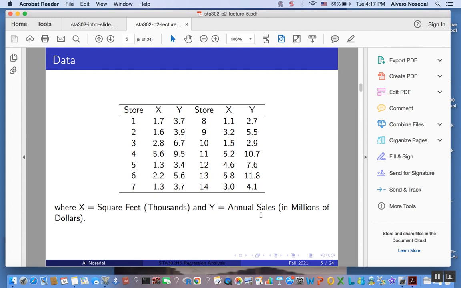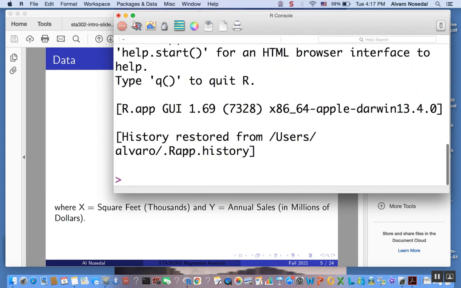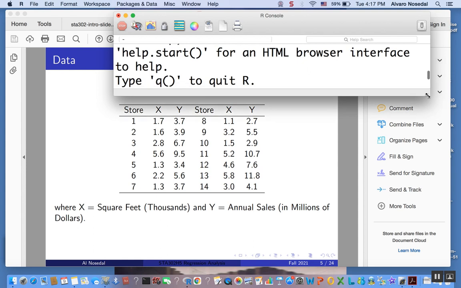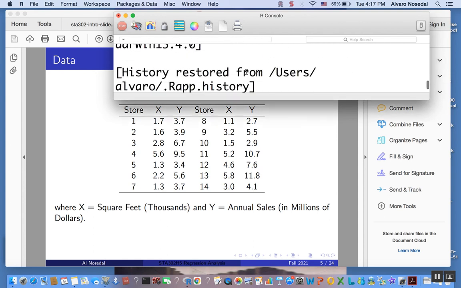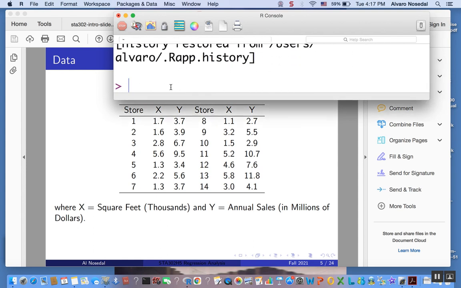We will use R to carry out this residual analysis. Our first step, as usual, will be entering that information. Since we have a small data set, we will do it using the c function, concatenate.